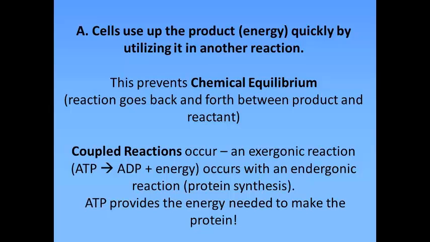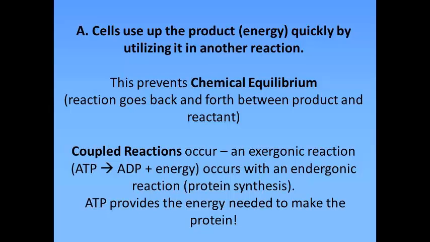Because what happens is cells use the energy quickly by utilizing it in another reaction. So that energy that is released when we go from ATP to ADP is immediately used with another reaction. This is called coupling reactions.